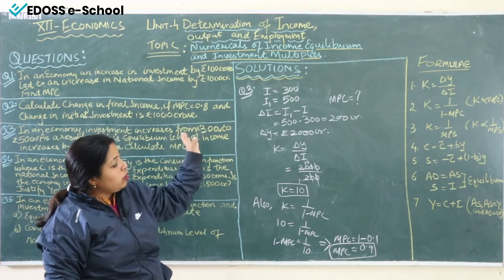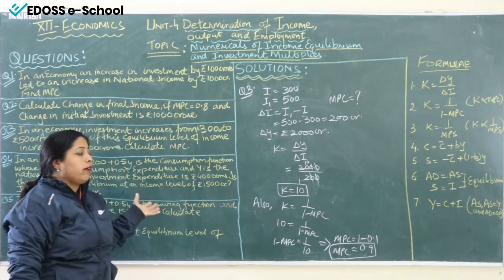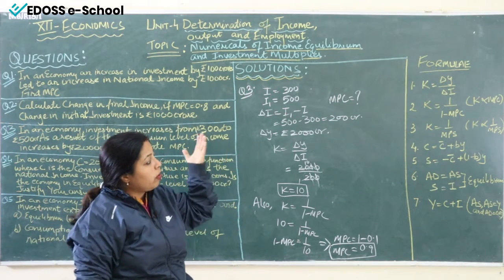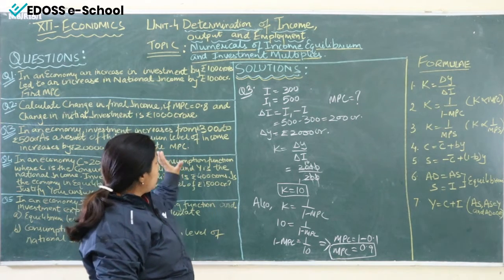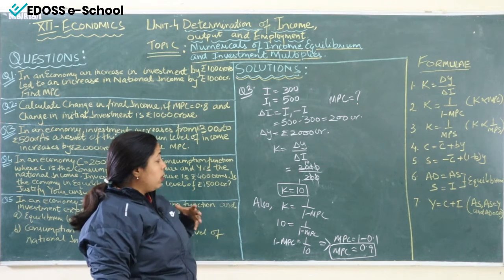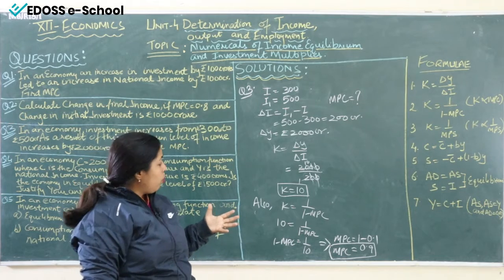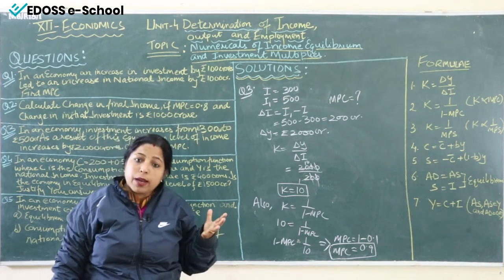That is, you have to make the use of first three formulas of investment multiplier to calculate the value of investment multiplier or delta y or delta I or MPC or MPS. Fine. So these are the three sums related to investment multiplier. I hope you have learned the technique or the way how to calculate them. So I hope you will be able to solve the sums related to investment multiplier.